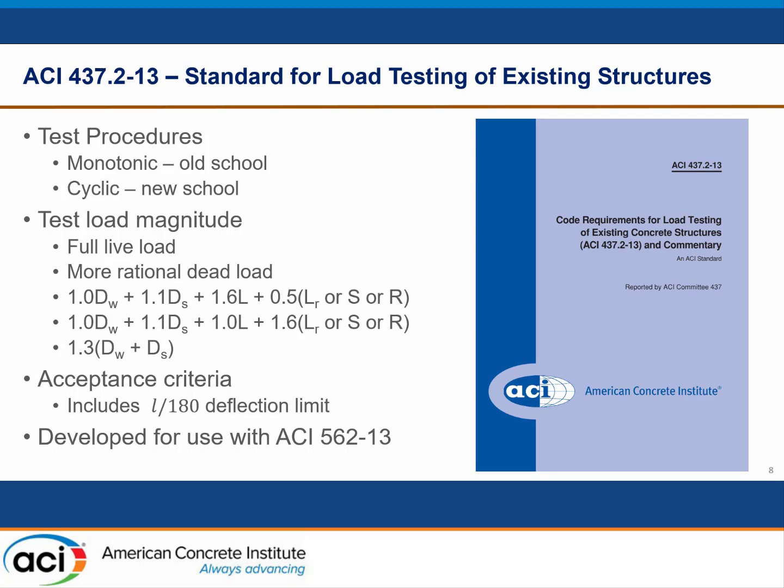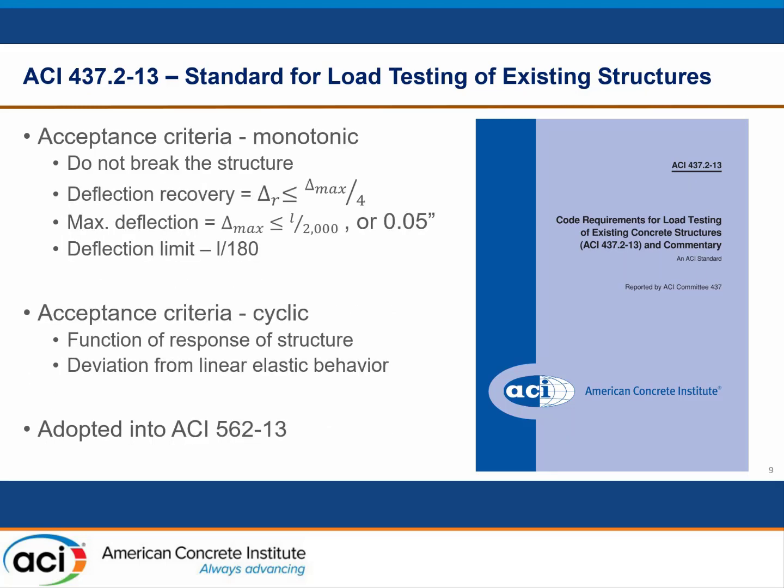ACI allowed a code committee to develop a code for repair of existing structures. Radical concept, developed it. The ACI 562 committee, through the work of Chuck LaRoche, was very aware of this new standard being developed and said, no, that's the one we want to include in the new repair code standard. So not only was the standard for load testing developed, it was adopted into another standard.